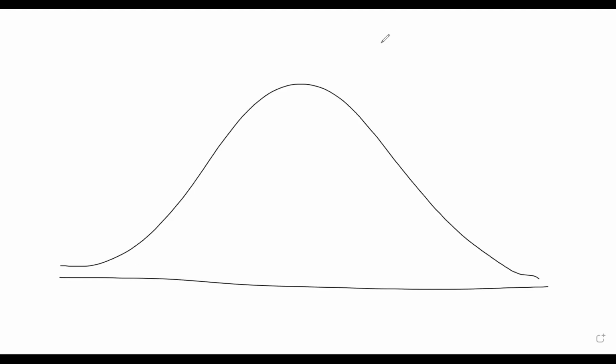Okay, so if we go to the whiteboard, I'm going to draw a graph of the PDF. Let's say mu is here. You have mu minus delta here and mu plus delta here. So you have 68.3%.